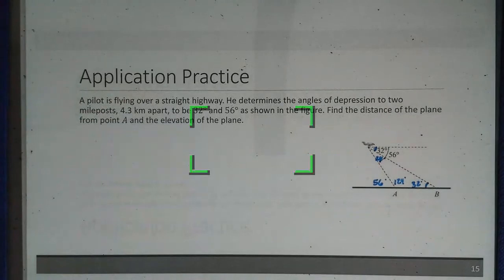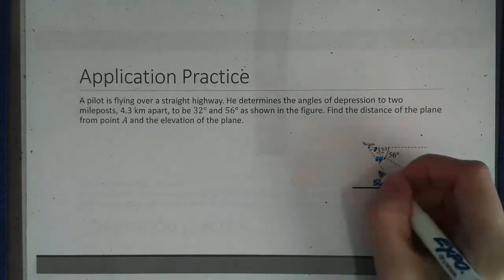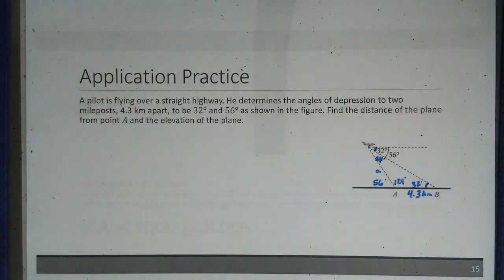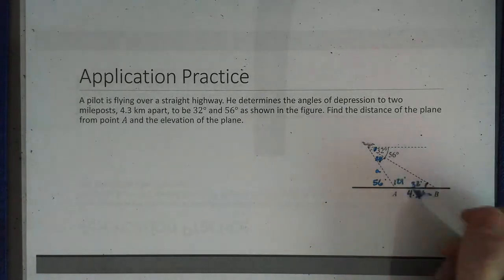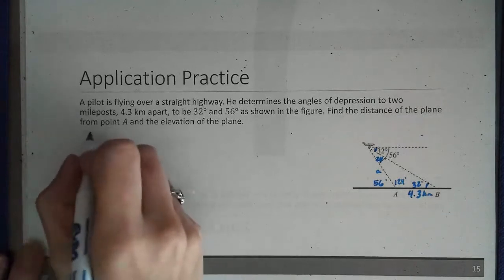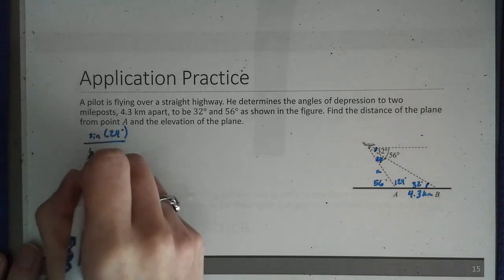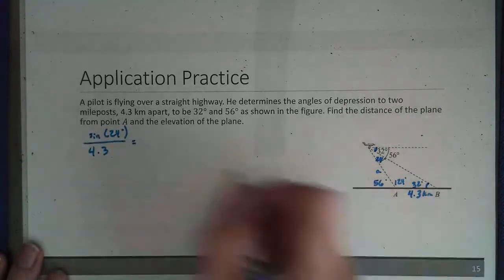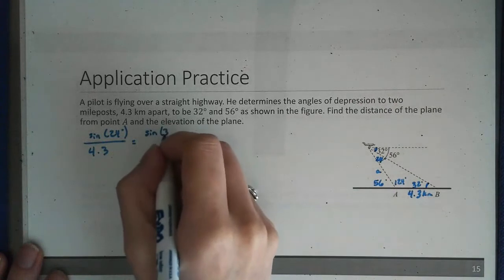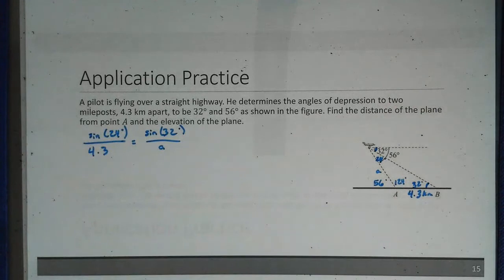We know that A and B are 4.3 kilometers apart, and I want to find the distance to A. So I have an angle and I'm looking for its opposite side. I can use the law of sines here, because the sine of 24 degrees over its opposite side, 4.3 kilometers, is equal to the sine of the 32 degrees over its opposite side, A. And that's the first thing I want to find.